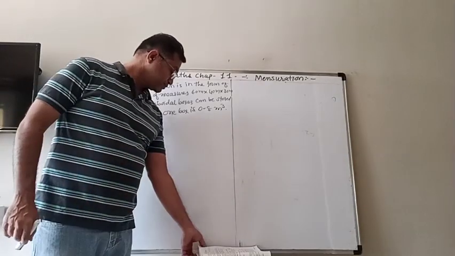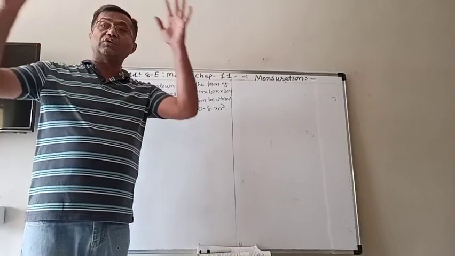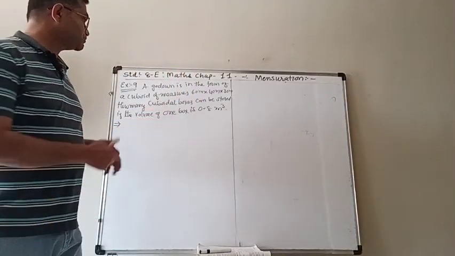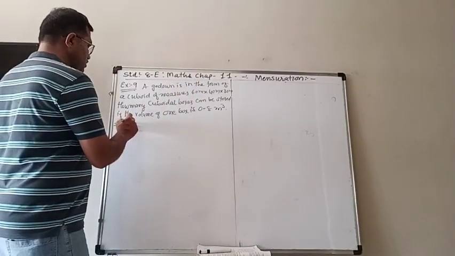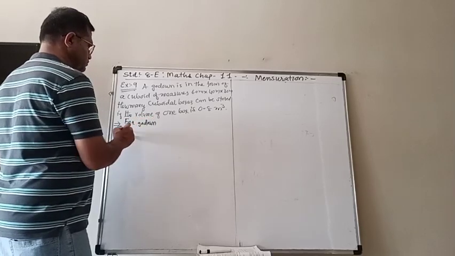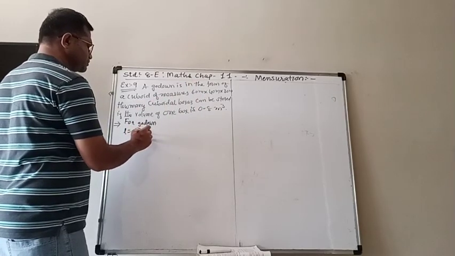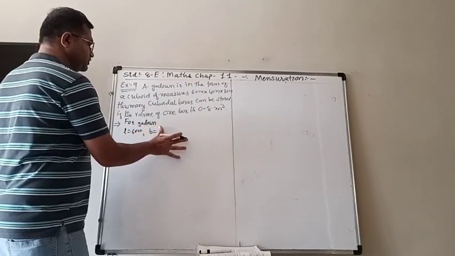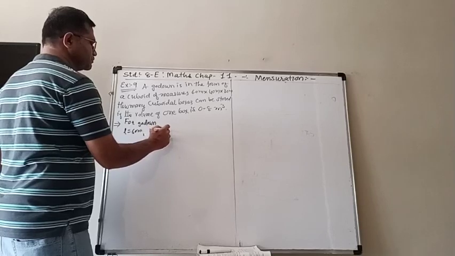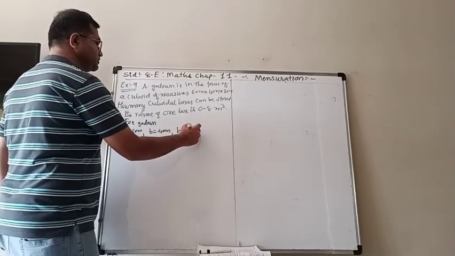So here it is given that a godown is in the cuboidal form. So for godown, we know that L is 60 meter, B is 40 meter, and the height H is 30 meter.